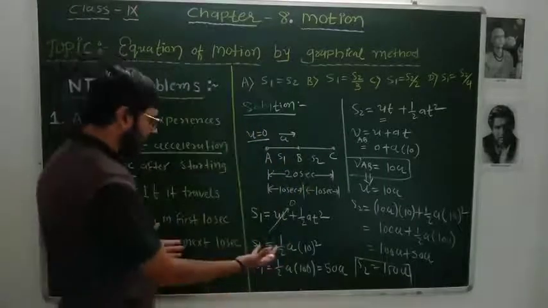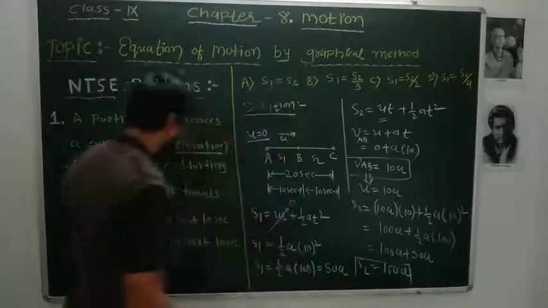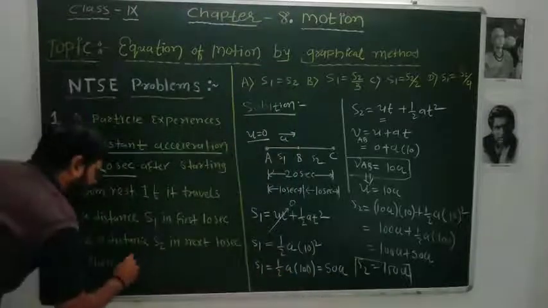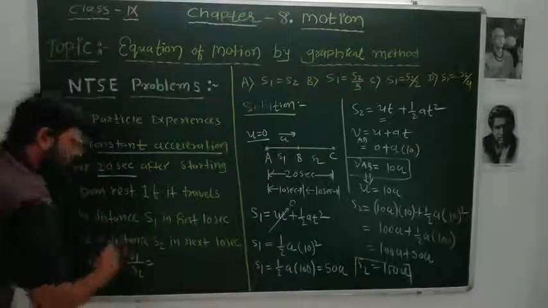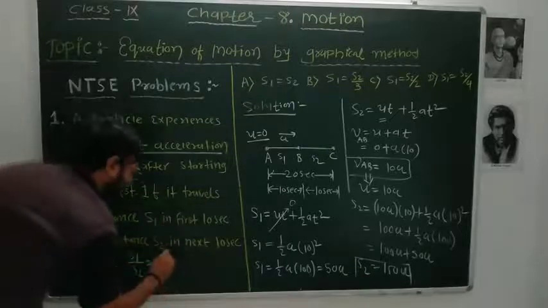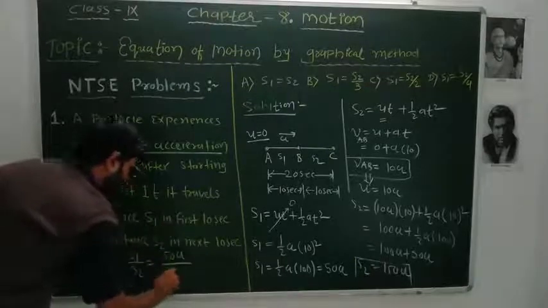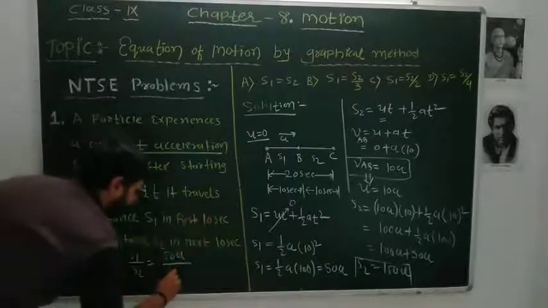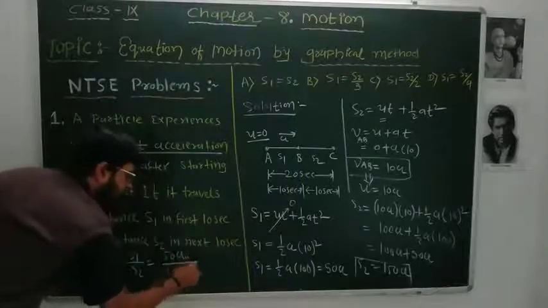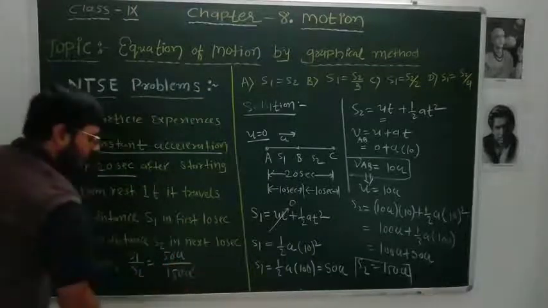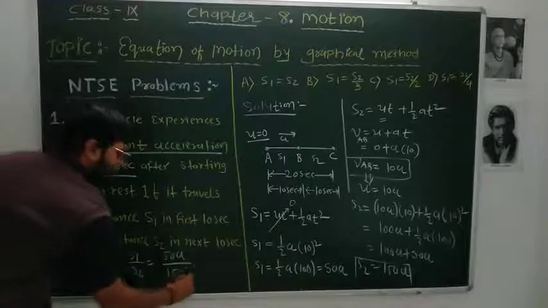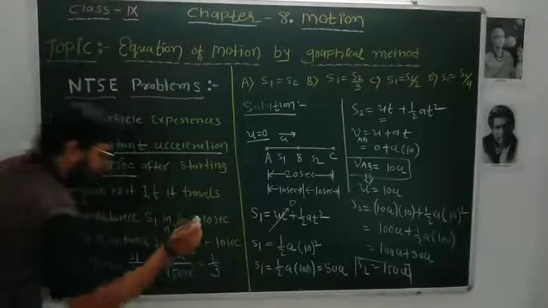So for the relationship between S1 and S2, we take the ratio S1 by S2. S1 is 50A and S2 is 150A. So here A cancels out, the zeros cancel out, and it is 1/3.